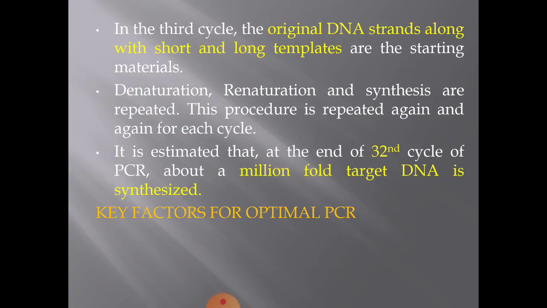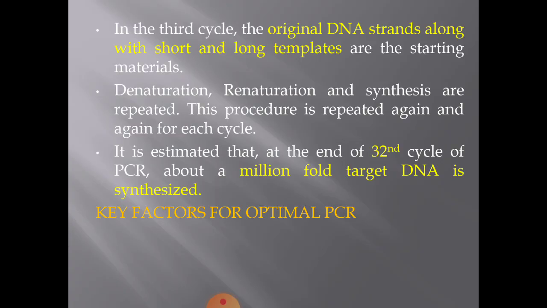This procedure is repeated again and again, and it is estimated that at the end of the 32nd cycle of PCR, how much time? 32 into 5, okay? At the 32nd cycle of PCR, about 1 million-fold target DNA is synthesized within such a short span of time. Okay, this is the beauty, the significance of PCR.